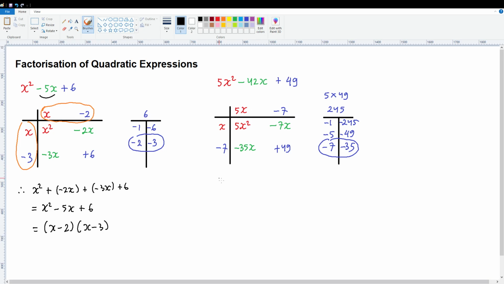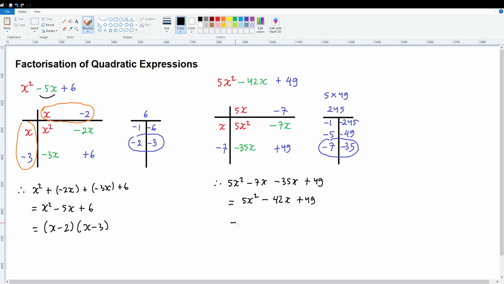So write down here 5x squared minus 7x minus 35x plus 49 is equal to 5x squared minus 42x plus 49. Now we can see clearly our checking is correct and matches this question.